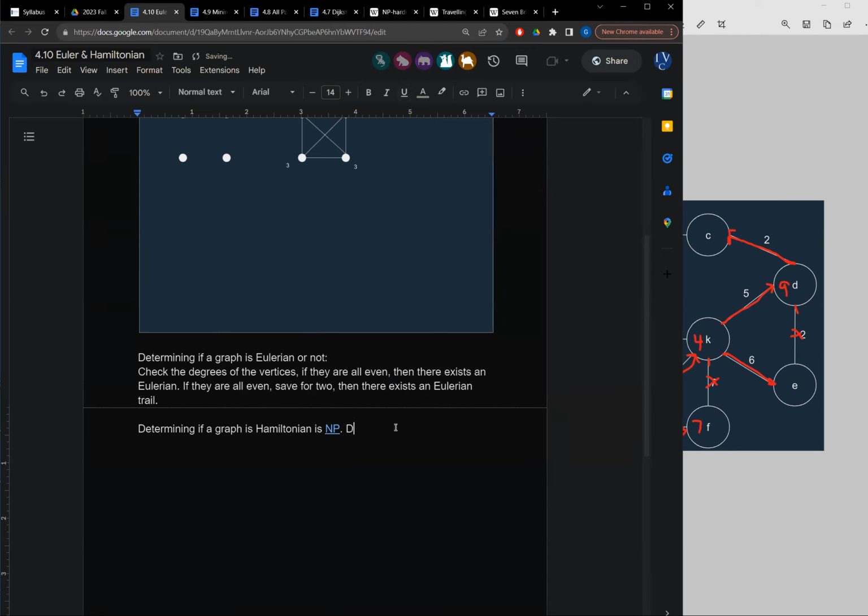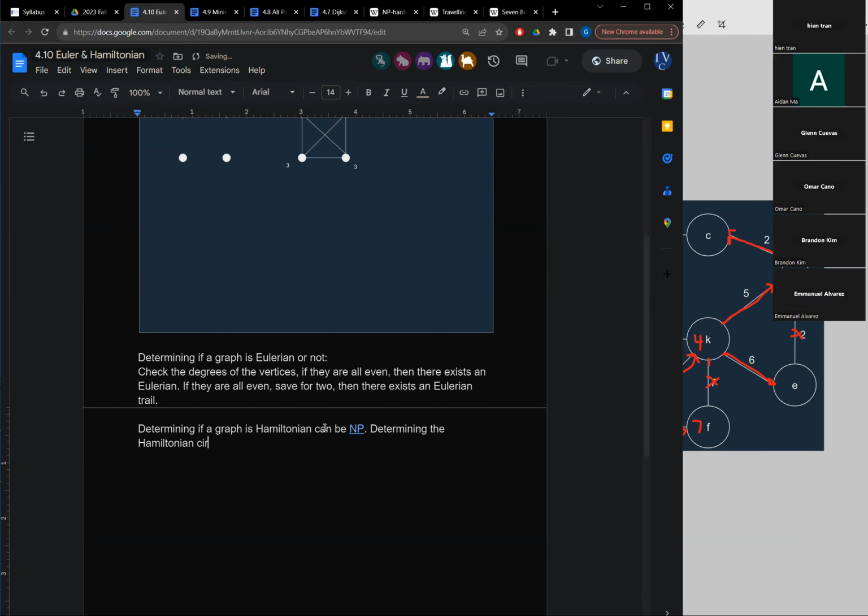All right, so determining the Hamiltonian circuit on a general graph, finding the smallest one, is problematic.